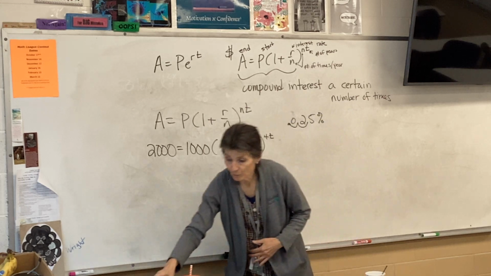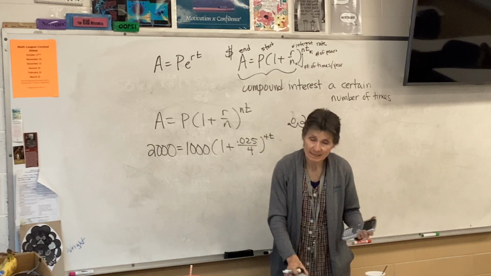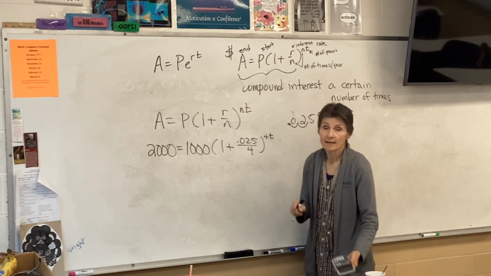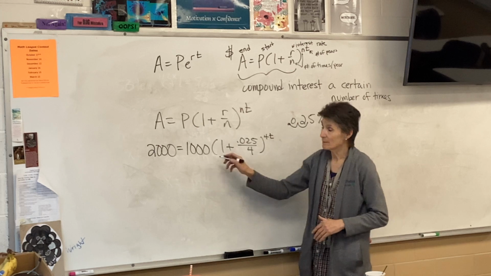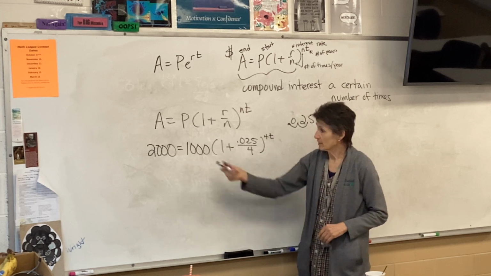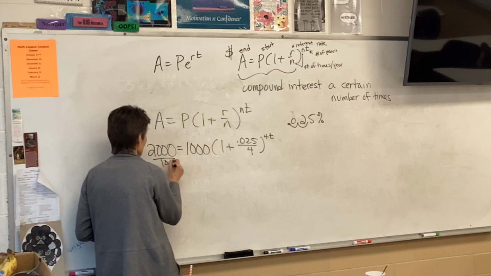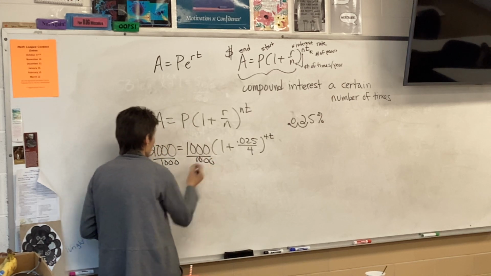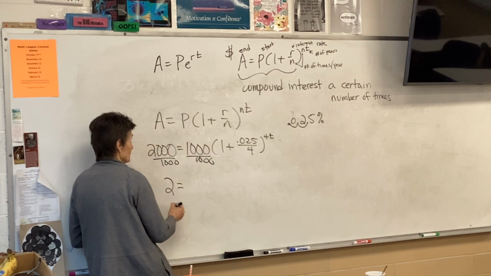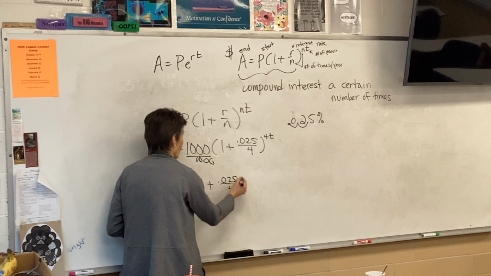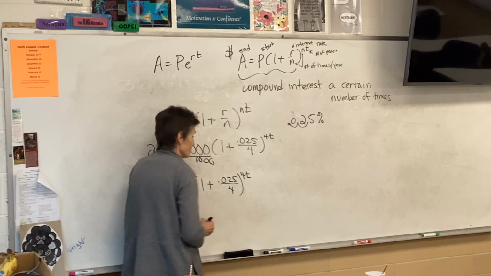One thing you can do, if it makes it easier for you, is let's start by dividing both sides by 1,000 to get rid of this extra number. So if I divide both sides by 1,000, then I'm going to have 2 equals 1 plus 0.025 over 4, to the 4t power.